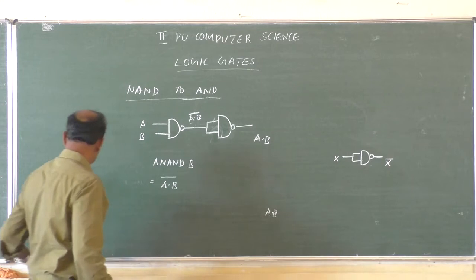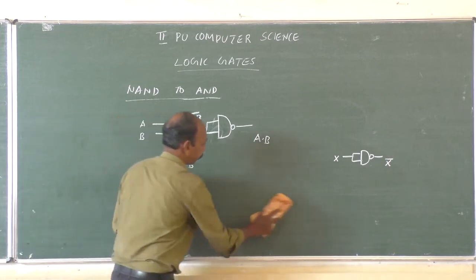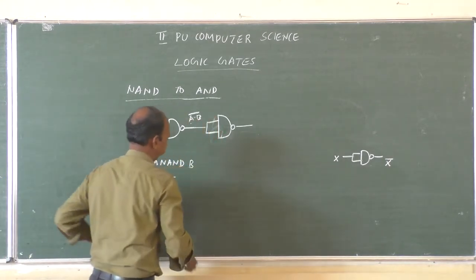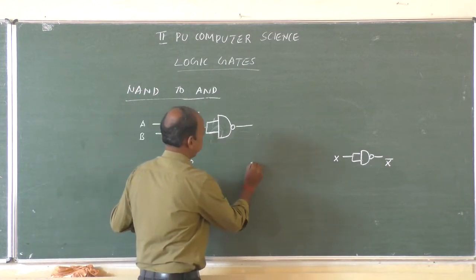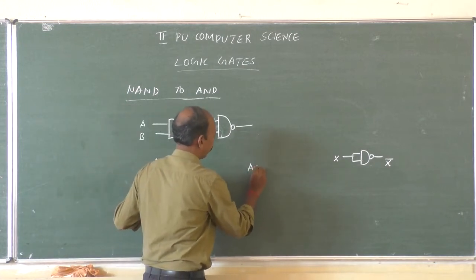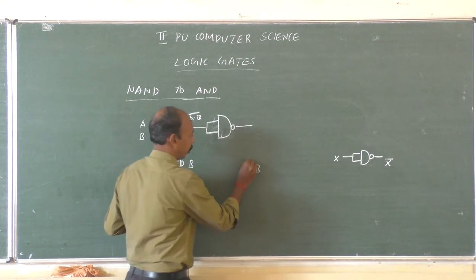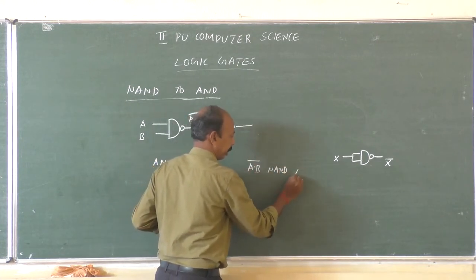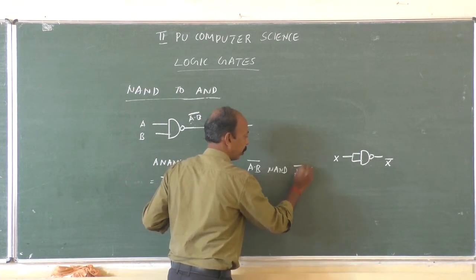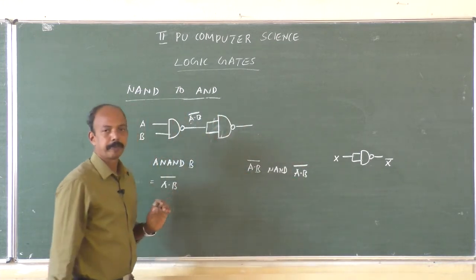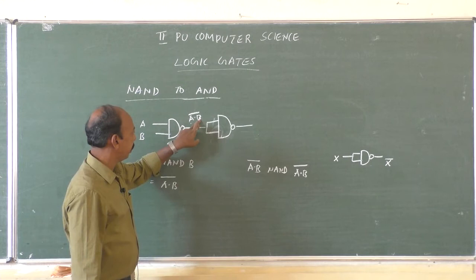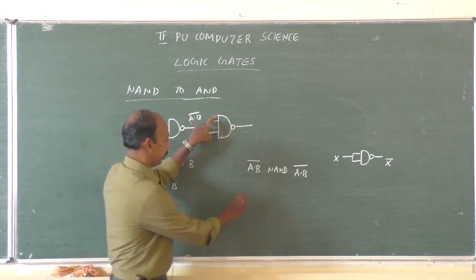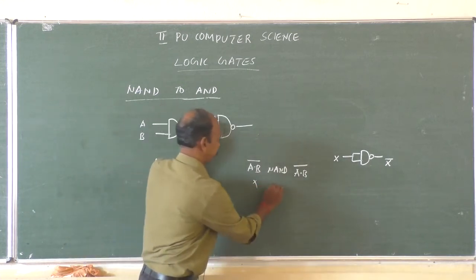How will it work now? Let us see. That is A dot B whole bar NAND A dot B whole bar, isn't it?